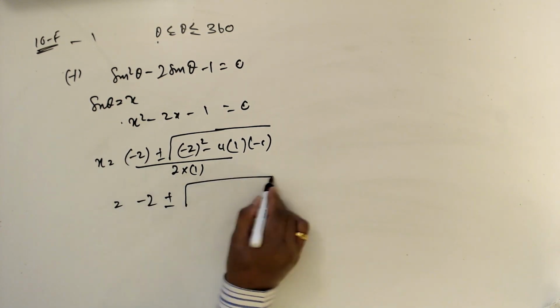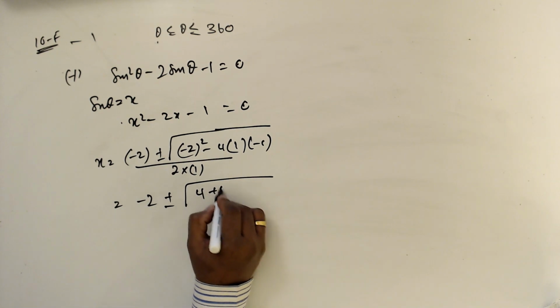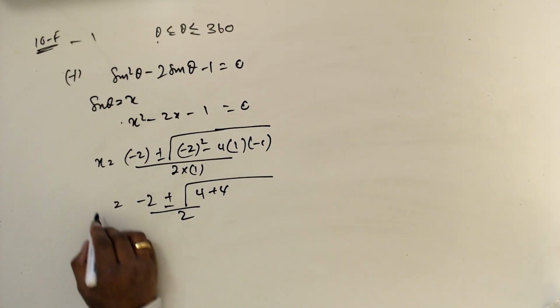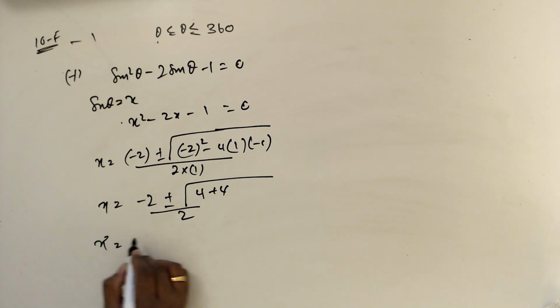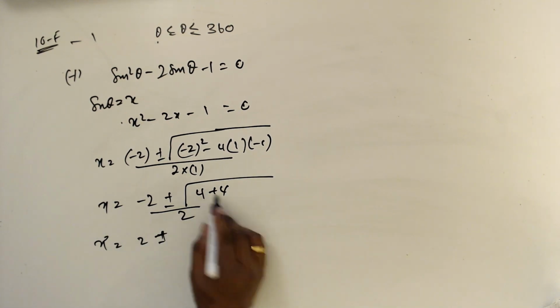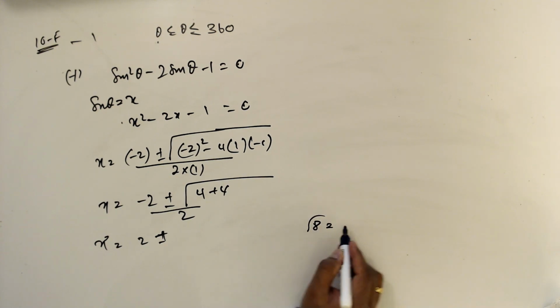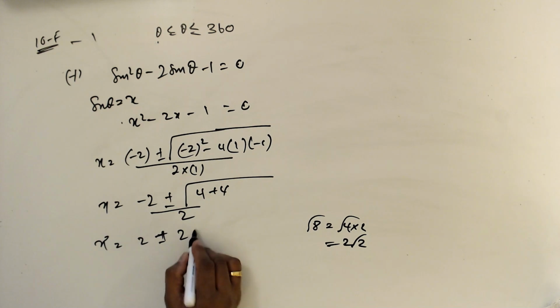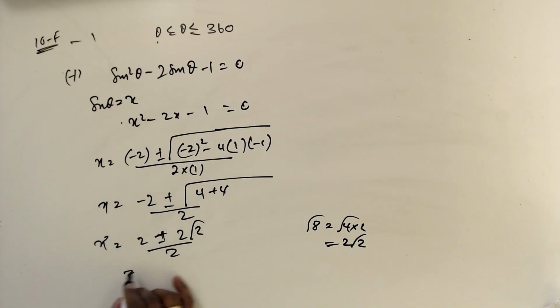Minus minus 2 plus or minus the square root of 4 plus 4, over 2. So x equals 2 plus or minus the square root of 8. Square root 8 means 4 times 2, so 2 square root 2, over 2. The 2s cancel out.